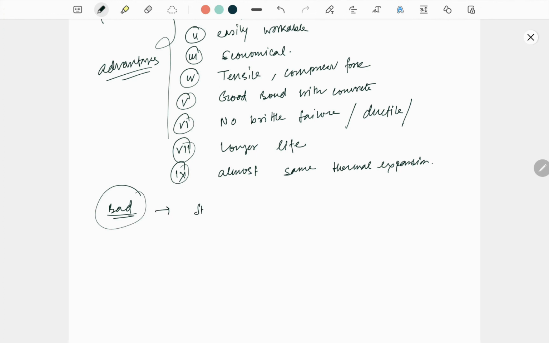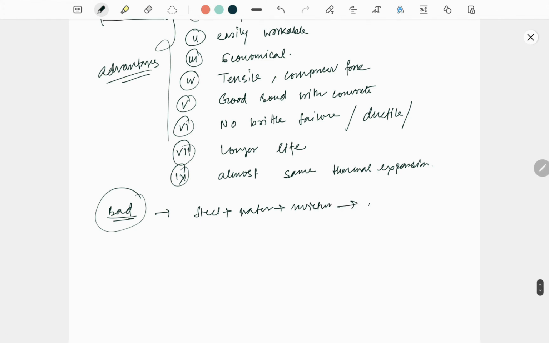If steel reacts with water and moisture, then what happens? Rust occurs. If rust occurs, then volume increases as well as strength decreases. That is the biggest disadvantage of using steel.